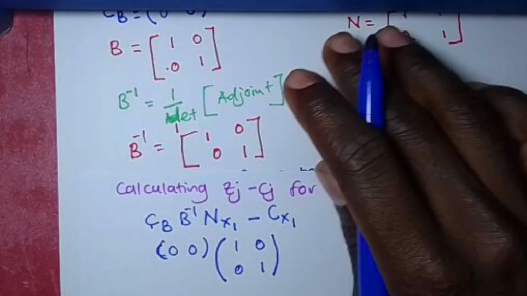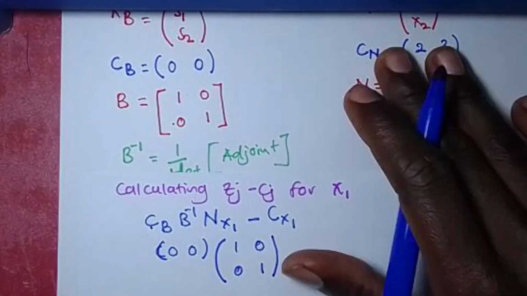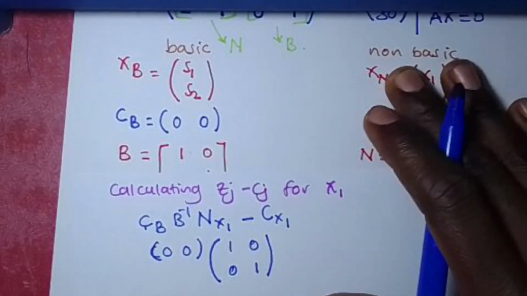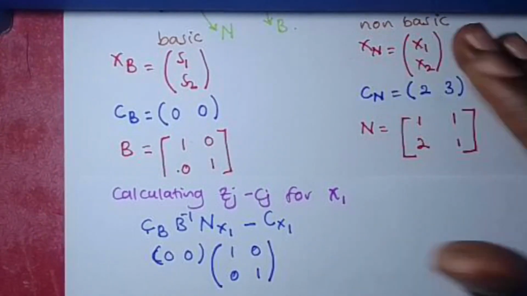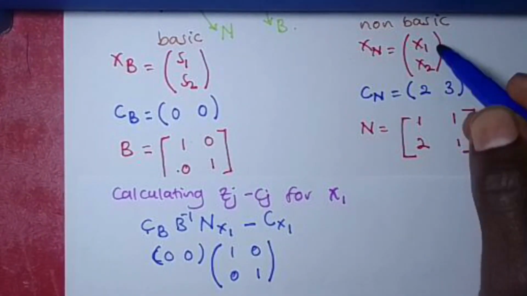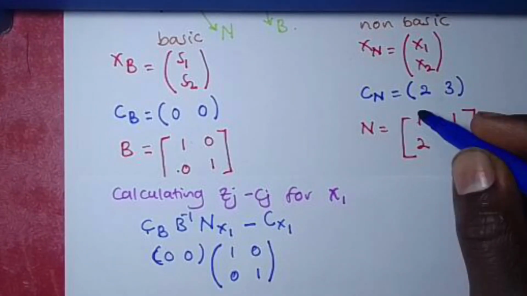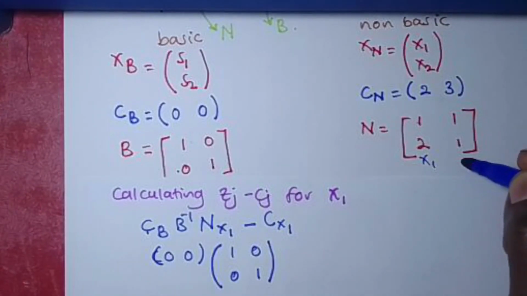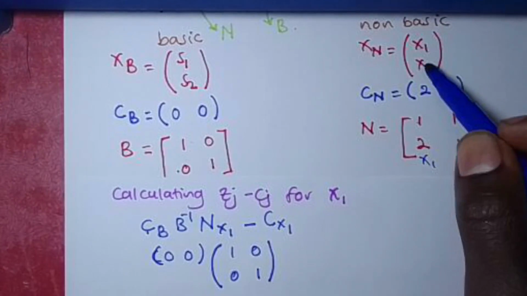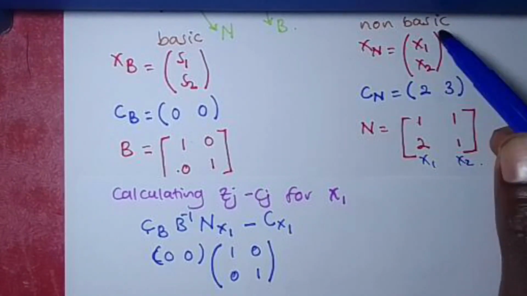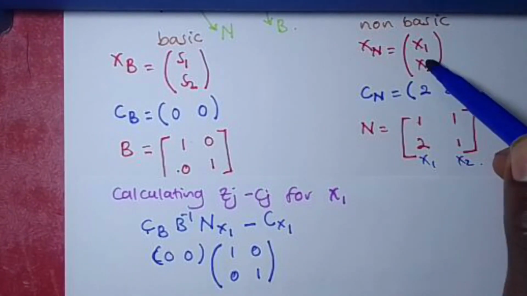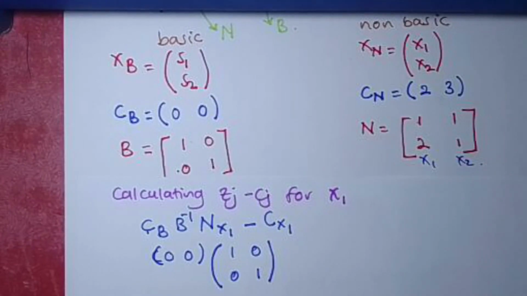Then n x1. Now when it comes to n x1, we shall come to our n set. Remember, according to this order, this is representing x1, and this is representing x2. What is first here is the first here, what is second here is the second here.